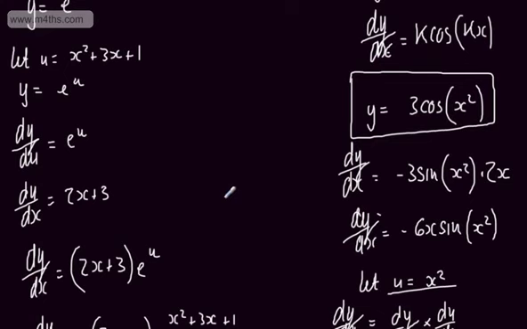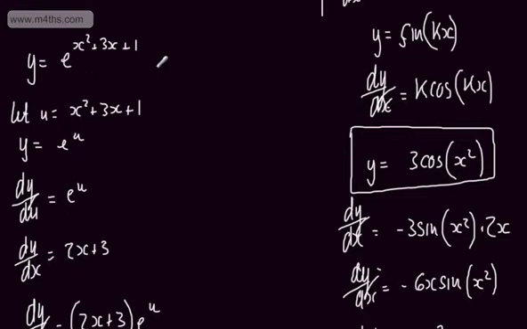I would much prefer to do this informally and look at it as a very algorithmic process. So we differentiate the outside function, we then rewrite the inside function and multiply through by the derivative of the inside function. So if we pick this up again, we've got e to the power of x squared plus 3x plus 1.